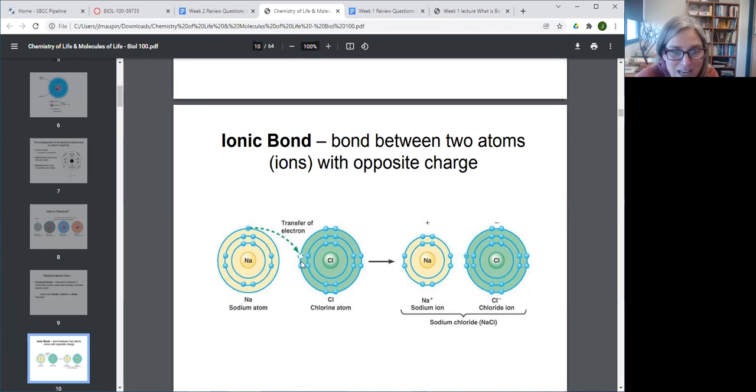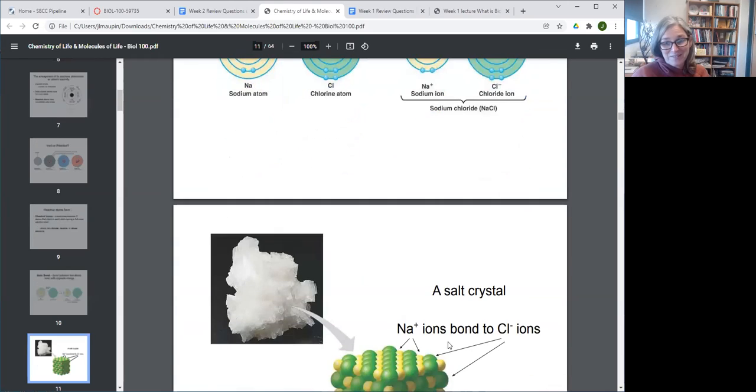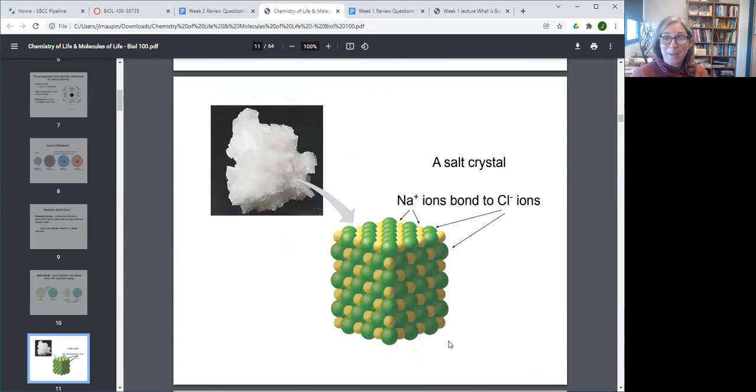And in order to be stable, chlorine needs to get an extra electron to fill that space that's empty in its outermost shell. So sodium and chlorine, they can go really well together, because sodium just gives up an electron, chlorine takes on the electron, they both become ions, they're charged now, and then they're attracted to each other, and they form a salt crystal. But this is an ionic bond.